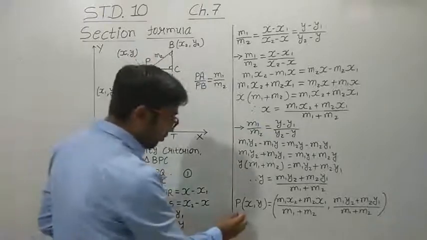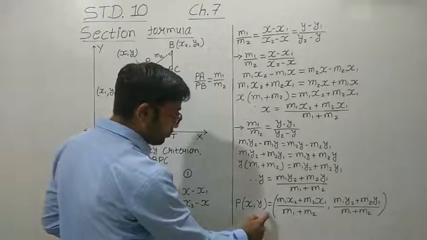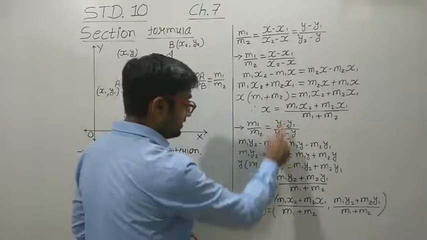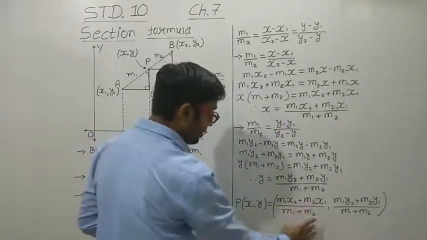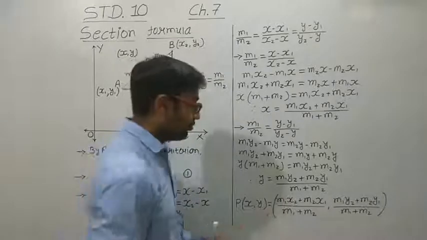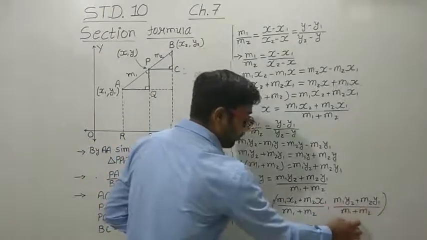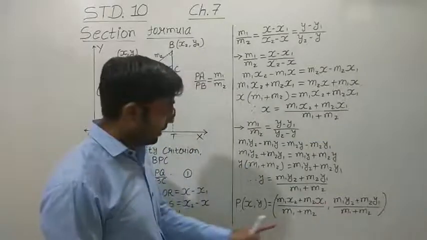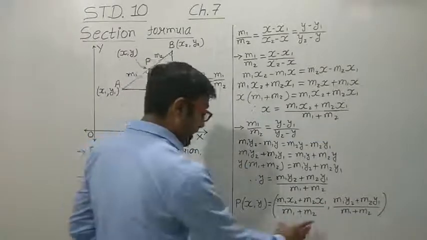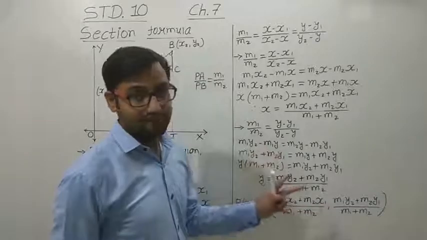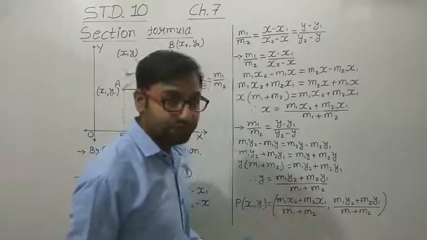So we can write P of x, y equals the x coordinate value, that is M1 x2 plus M2 x1 upon M1 plus M2, and the y coordinate value, M1 y2 plus M2 y1 upon M1 plus M2. You can notice that in both coordinates the denominator is the same, M1 plus M2.